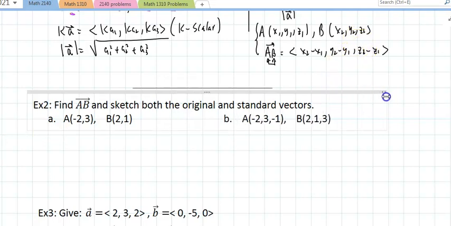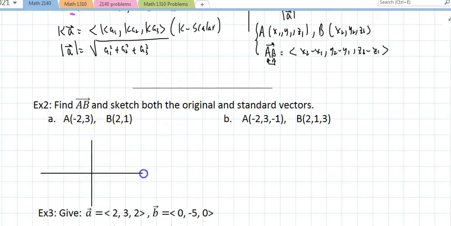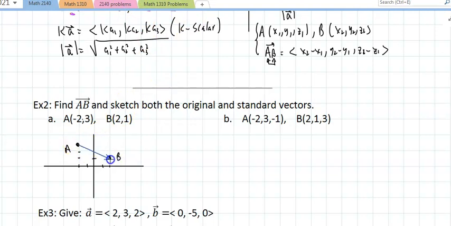So first things first, if I look at the grid, -2, 3, that is point A. And B is at 2, 1. So the vector is right there. Now, if you look at it, you'll notice this vector moves a point 2 down, 3 to the right.